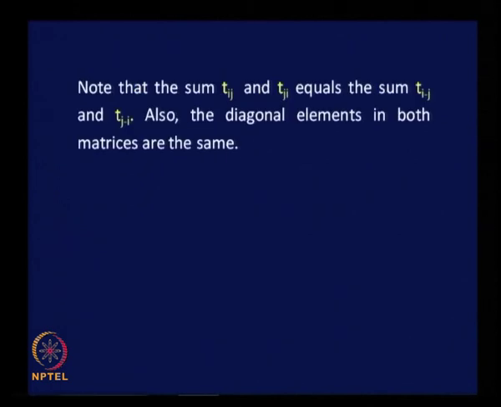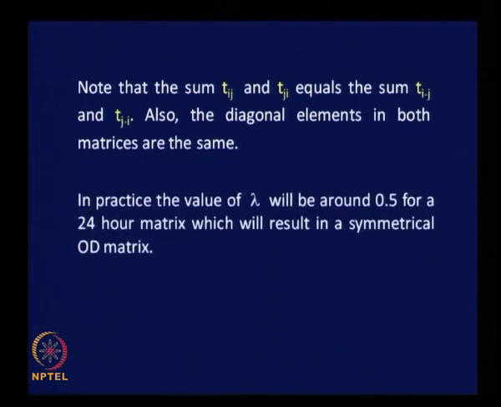Note that the sum Tij and Tji equals the sum Ti dash j and Tj dash i. Of course, that is obvious from the previous example. Also, the diagonal elements in both the matrices are the same, they remain unchanged, that is what we have seen.